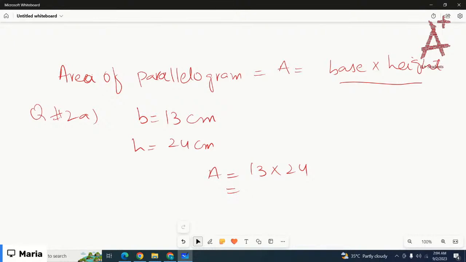That means the area of the parallelogram is 312. Both of them have the unit centimeter, so when you multiply them, it would be centimeter square. So the area of the parallelogram is 312 centimeter square, right?